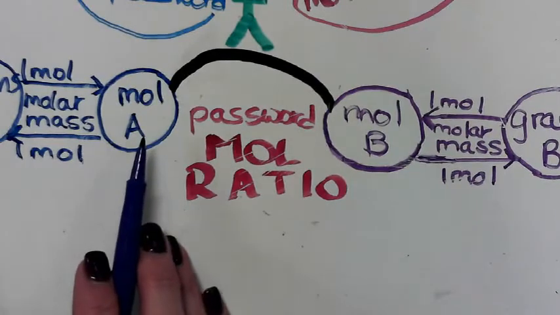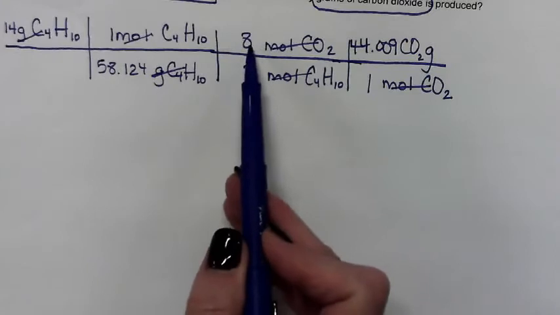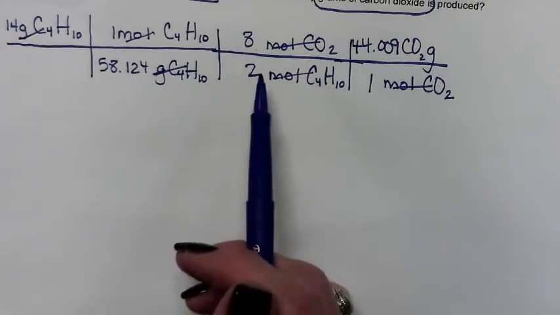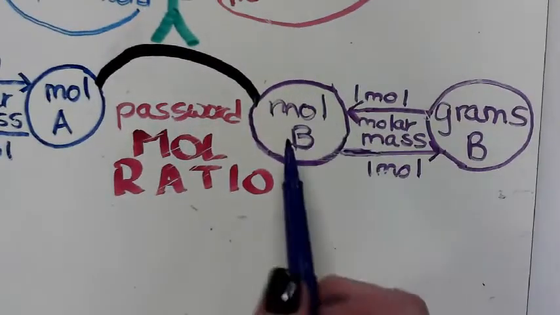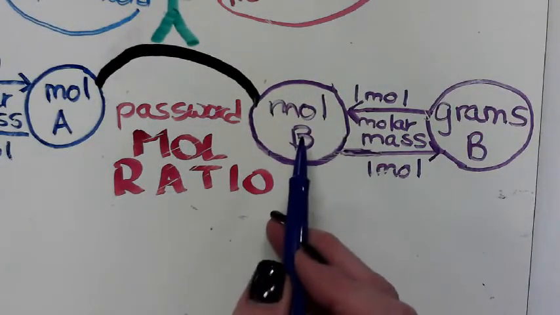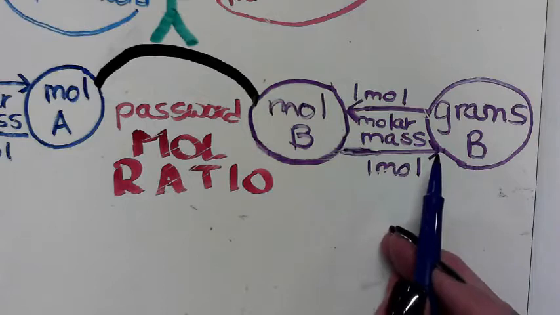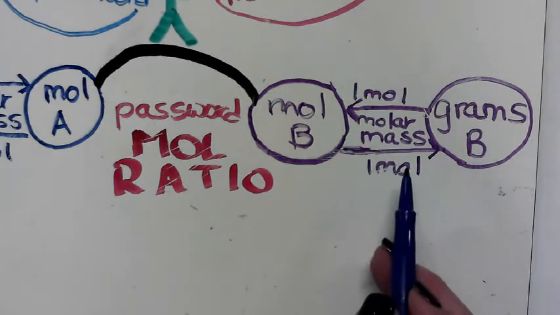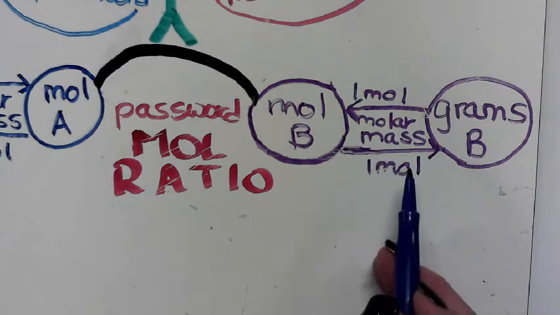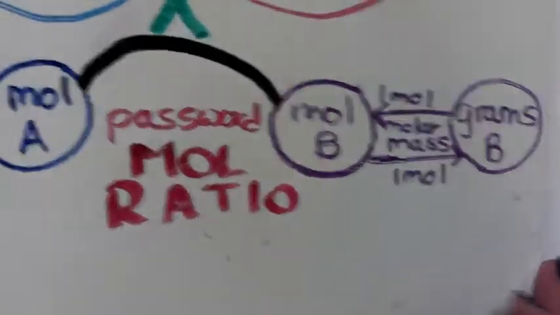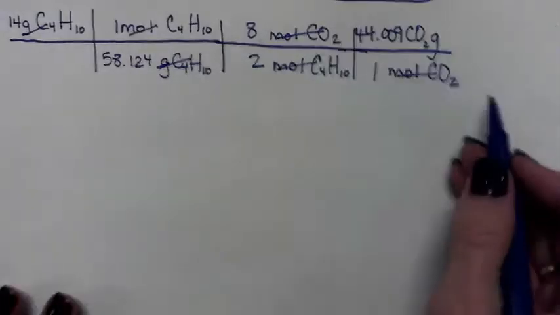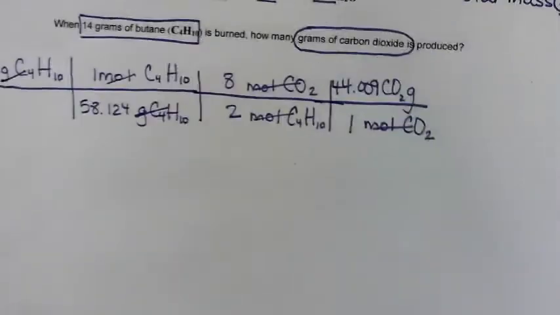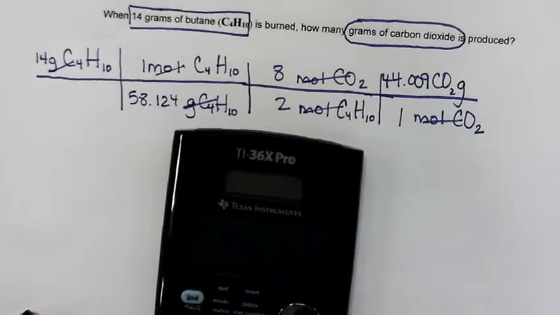So the mole ratio, 8 moles of carbon dioxide to 2 moles of butane. Once we got moles of carbon dioxide, I follow the mole map, and I put molar mass over 1 mole for carbon dioxide, and I'll have grams. Beautiful. So I follow the mole map, so now I get to do math.